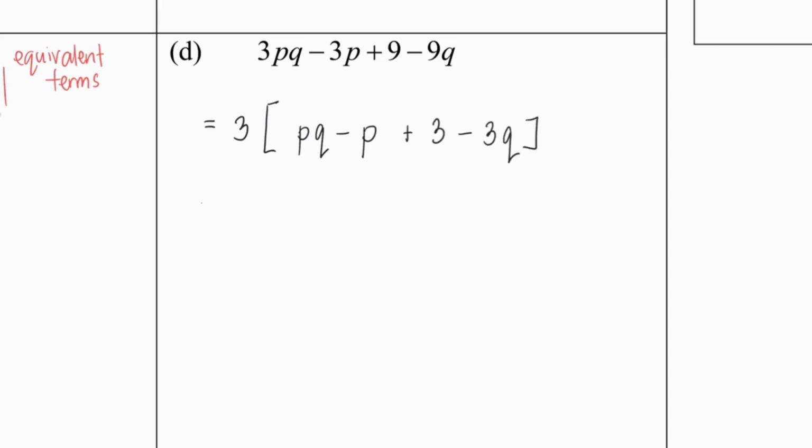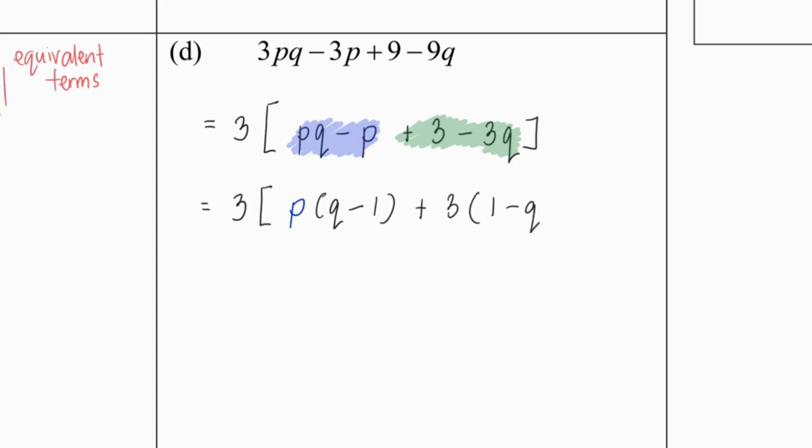And then at this point onwards, I'm going to factorize by grouping. So I would have my P as the common factor, left with Q minus 1, very good, plus 3 bracket, there is a factor of 1, 3 times 1 is 3, minus Q.